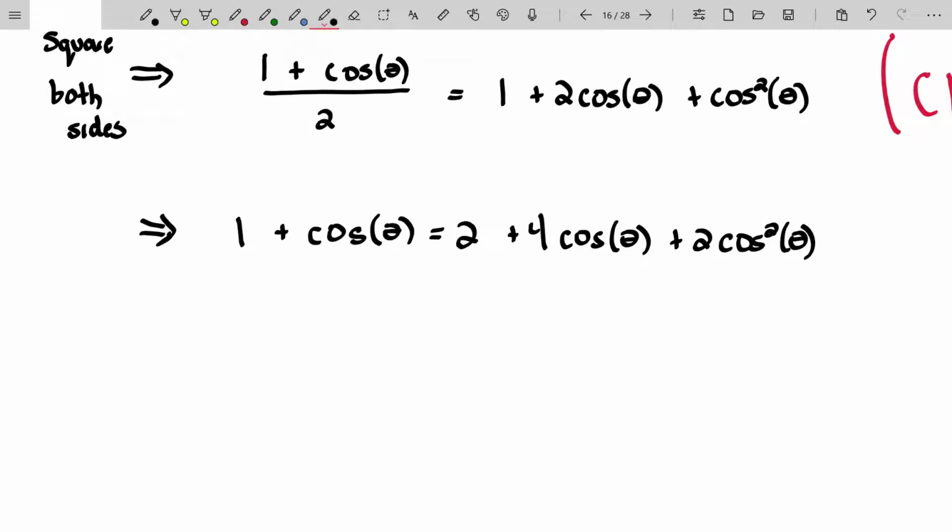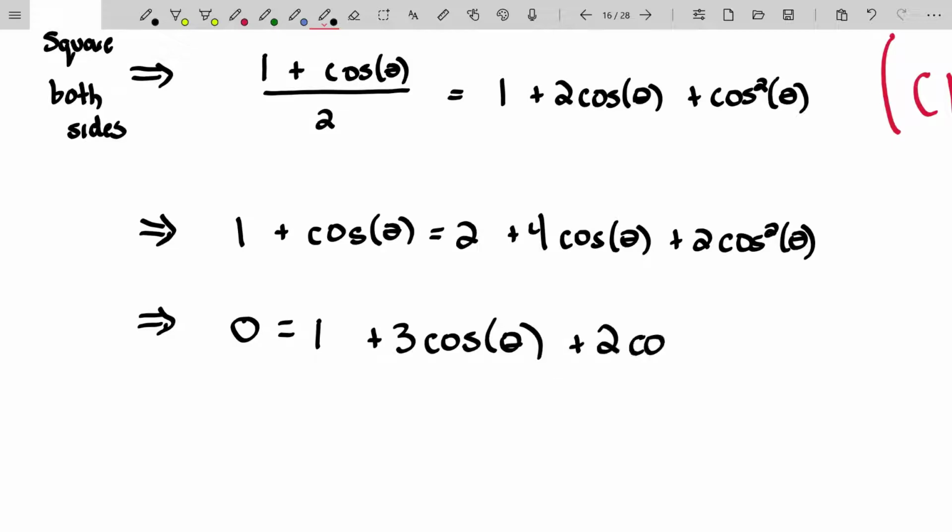All right, I'm moving everything over to the right-hand side. So I'll subtract 1 and cosine from both sides. I get 2 minus 1, which is 1, plus 3 cos of theta, and then plus 2 cosine squared of theta, which is totally factorable, but a lot of people don't like to write it this way, so I'm going to write it the other way, 2 cosine squared of theta. You don't have to do this extra step.